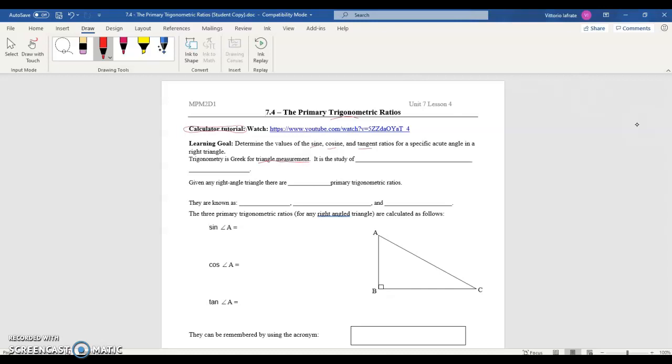It's basically the study of math that deals with proportions of triangles. And calculation based on proportions.